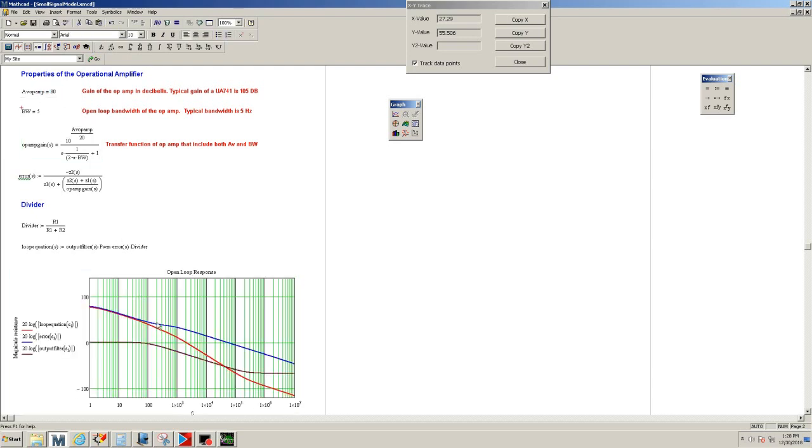See, so the pole's here, and the zero's here, and the pole's here. Okay, let's go 100. So now it's over here. Okay, so if I go another decade of gain, this should come up.